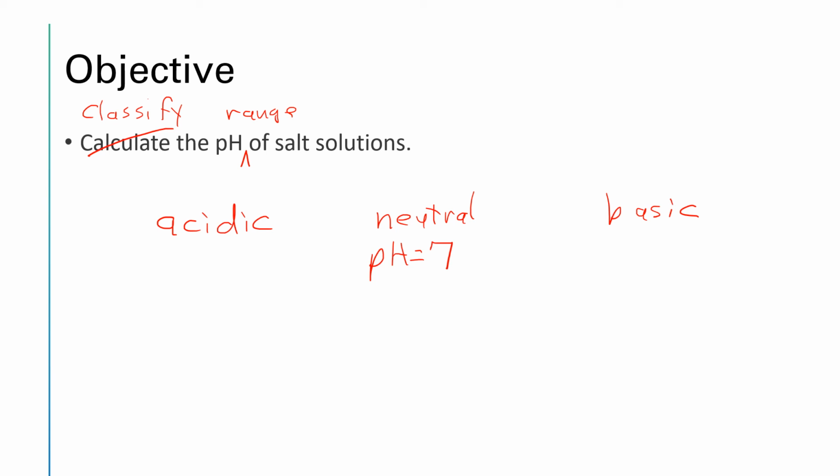A neutral salt comes from a strong acid reacting with a strong base. An acidic salt comes from a strong acid reacting with a weak base, and a basic salt comes from a weak acid reacting with a strong base.